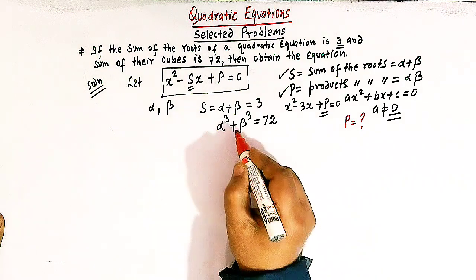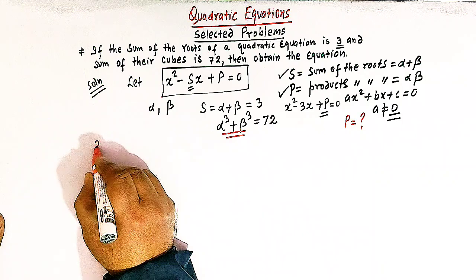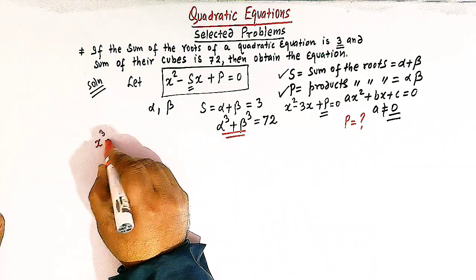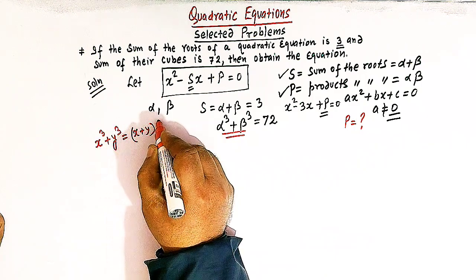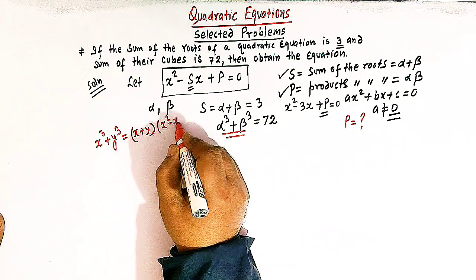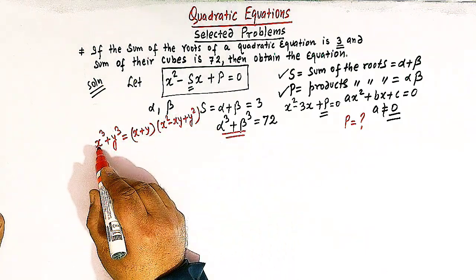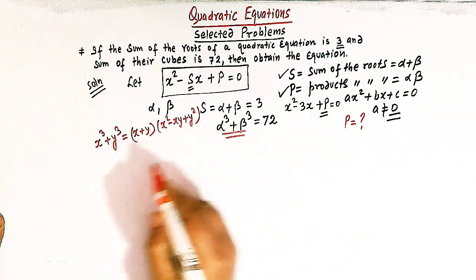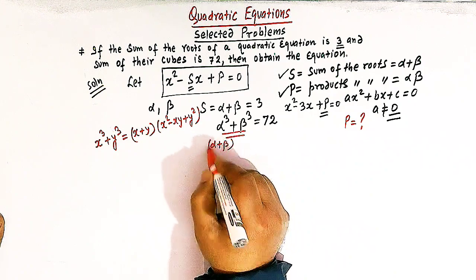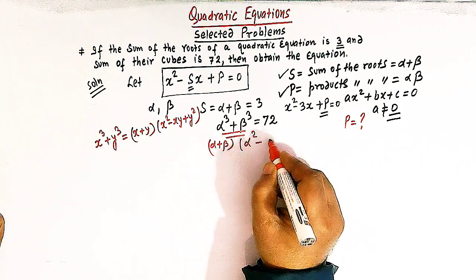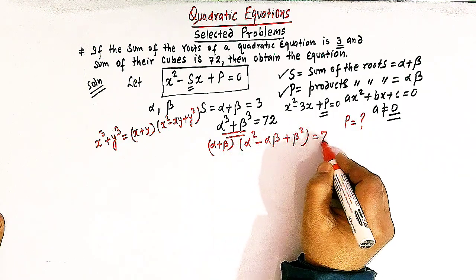Now here I will make use of an important algebraic identity: x cube plus y cube is given as x plus y times x square minus xy plus y square, right? Replacing x and y by alpha and beta, we have alpha cube plus beta cube as alpha plus beta times alpha square minus alpha times beta plus beta square, that is equal to 72.